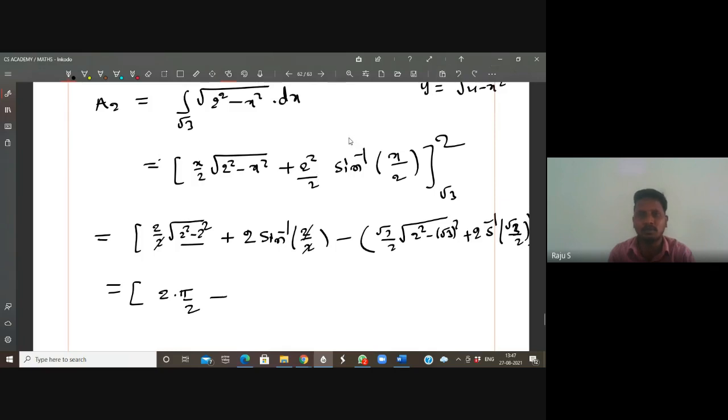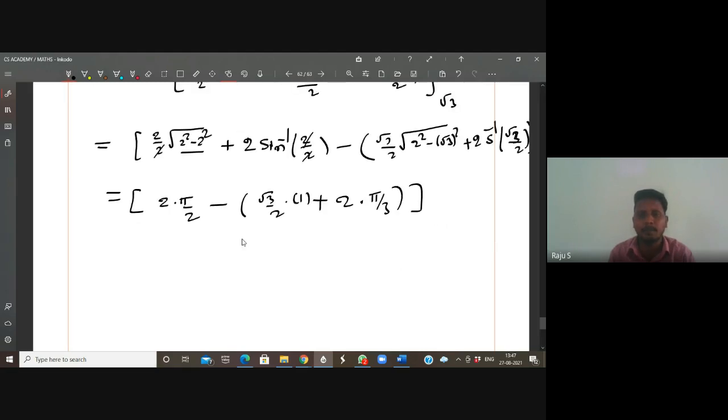Then minus the bracket: root 3 by 2, and root over 2 square minus 3 is 4 minus 3, that is 1, plus 2 into sine inverse of root 3 by 2. Root 3 by 2 is 60 degrees, that is pi by 3.